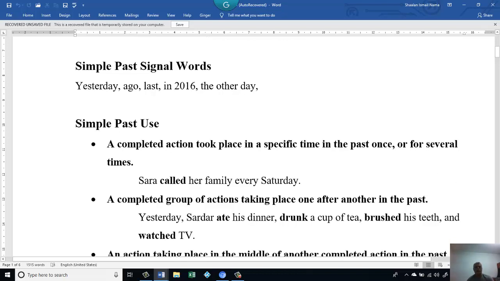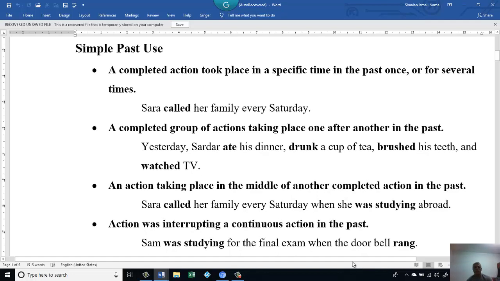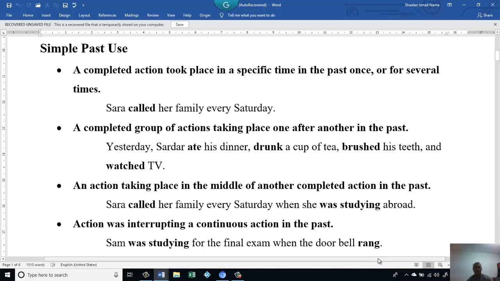When we use simple past, we use it when we have a completed action that took place at a specific time in the past, once or several times. For example, Sarah called her family every Saturday.